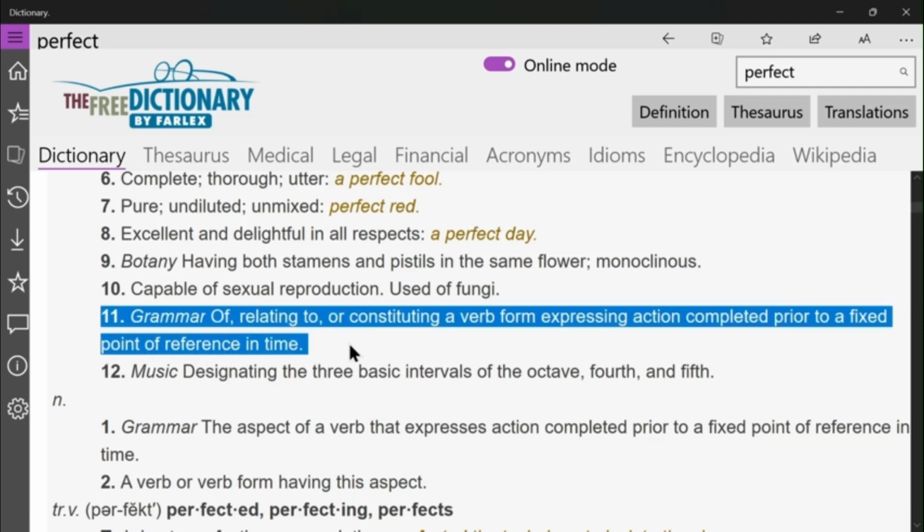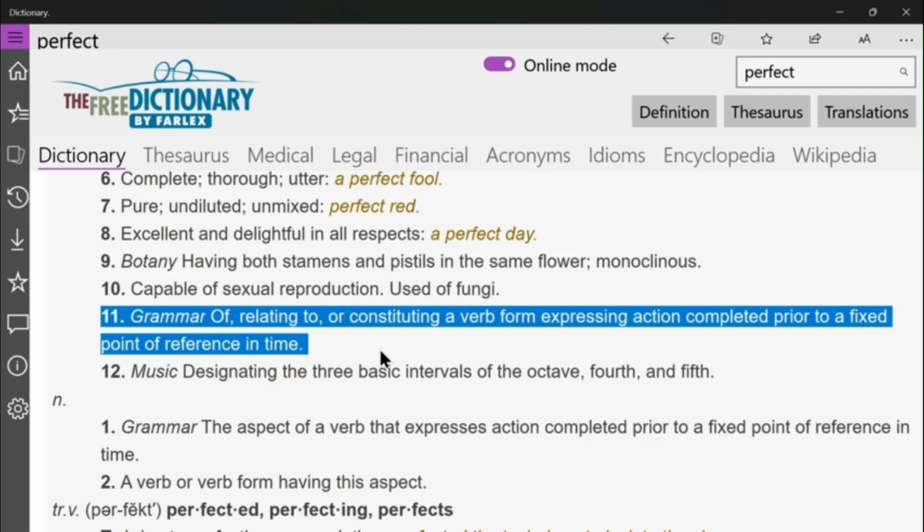You see, this is what perfect means. It's a verb or related to that verb that expresses an action, something that happened, an action that was done before something.